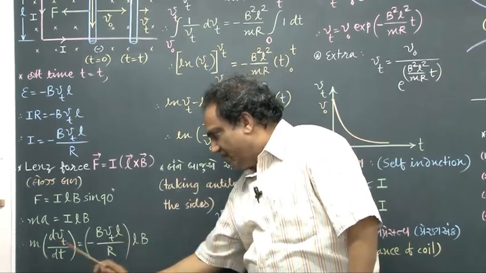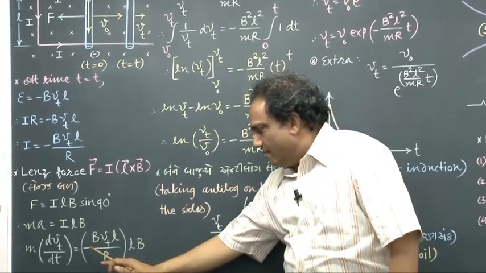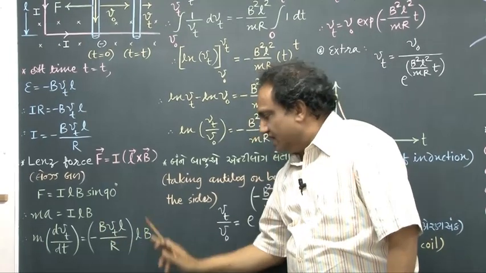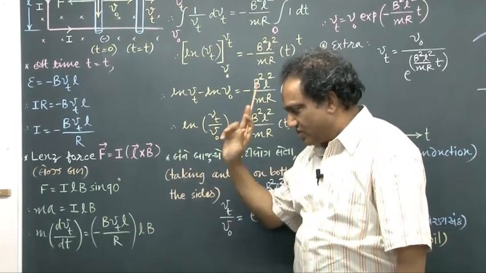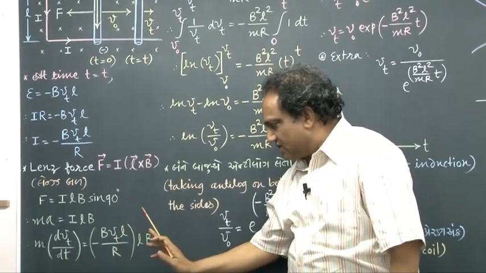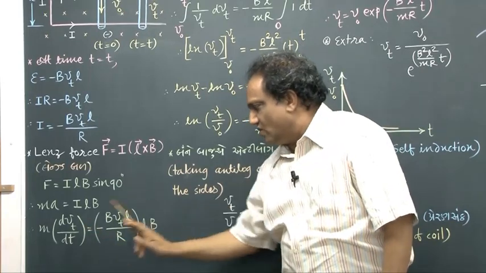dVt upon Vt will be minus B into B, that is B square, L into L, that is L square. B square L square, this m will come down and this dt will go up.